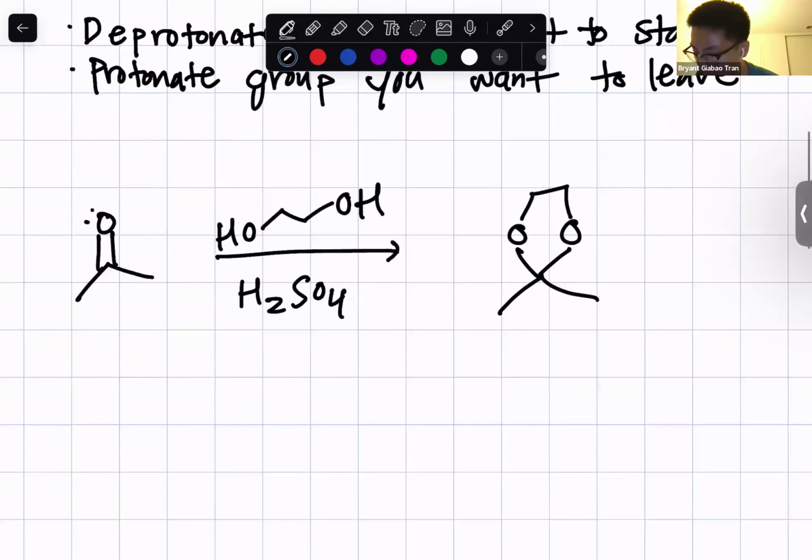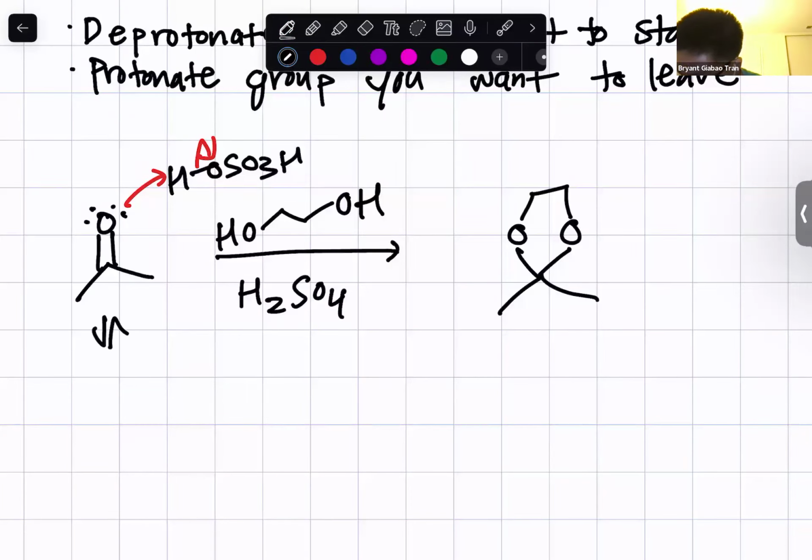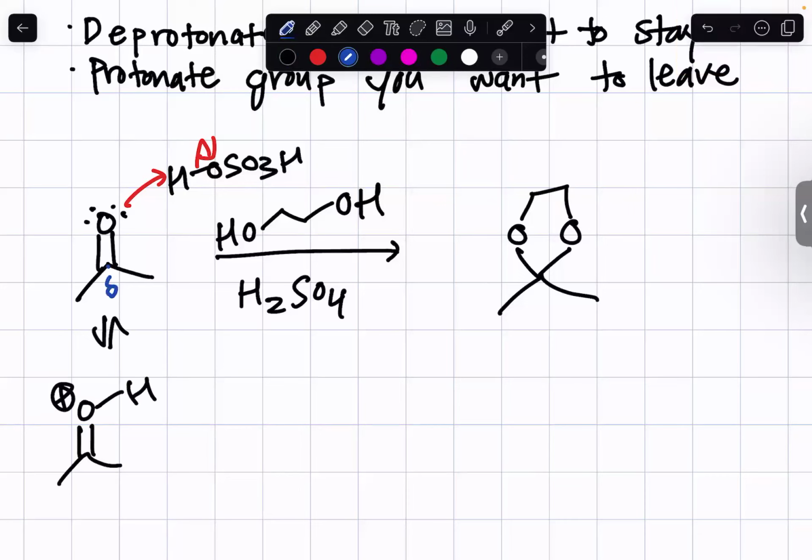So the first step of the mechanism is to protonate the carbonyl oxygen here. What that would do is activate the carbonyl carbon. This carbonyl carbon was partially positive because it is attached to the electronegative oxygen.